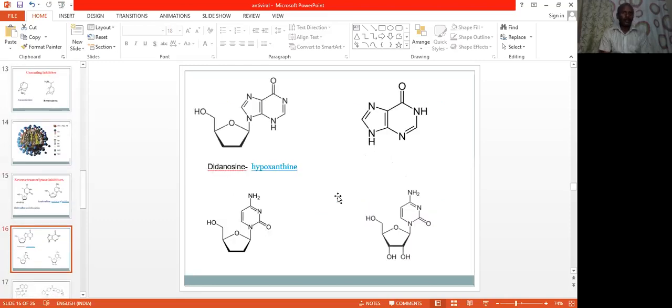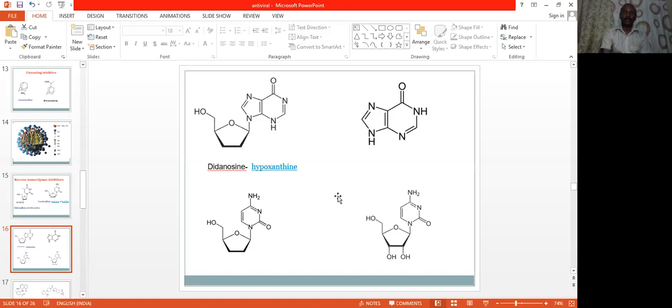Then didanosine. Didanosine is not a nucleoside analog, but it is a reverse transcriptase inhibitor. Here, if you see, that is hypoxanthine.